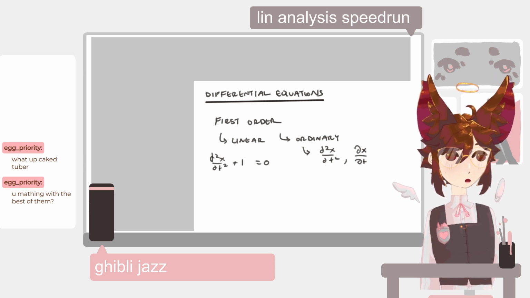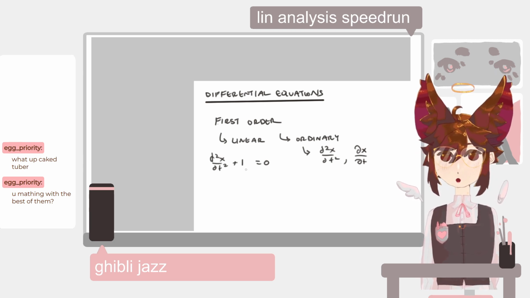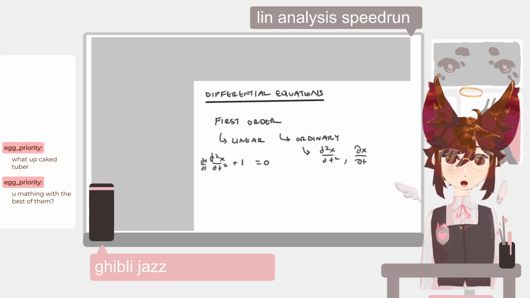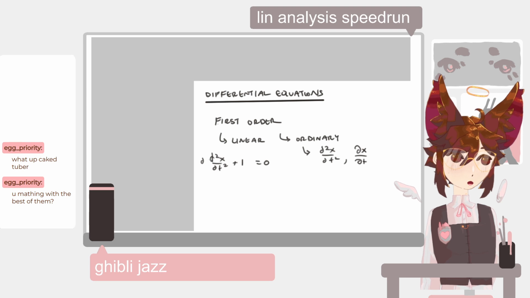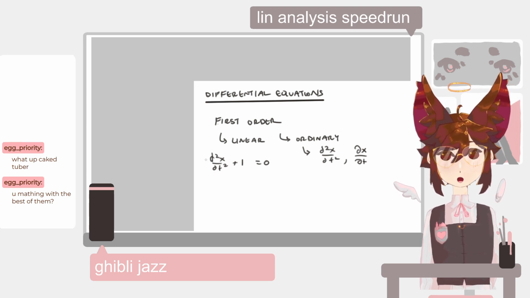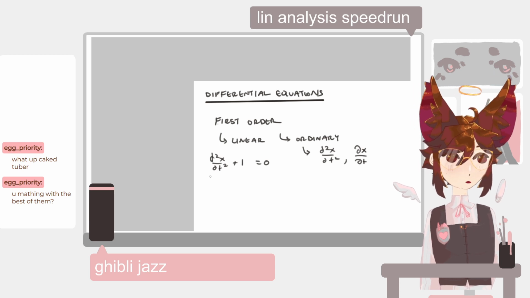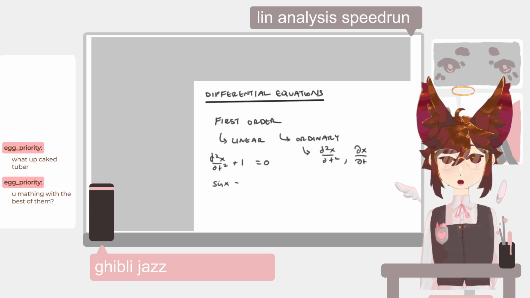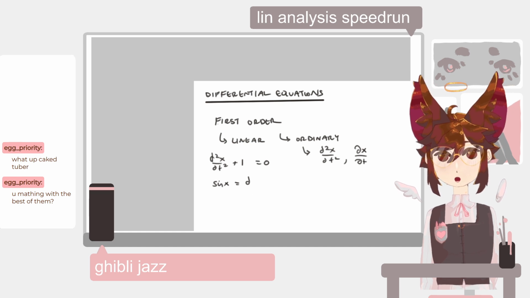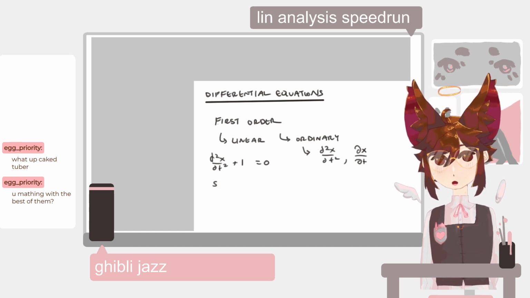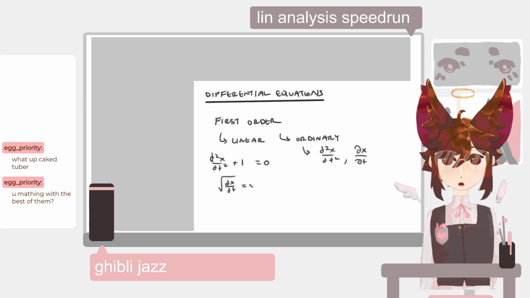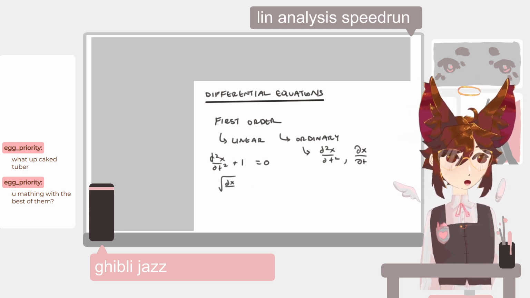All the derivatives are kind of by themselves. There's no x here, there's no dx dt here, nothing like that, right? Also, our derivatives don't have any sort of function applied to them. It's not like sine of x equals dx dt, or square root of dx dt equals x, something like that. That is not linear, right?